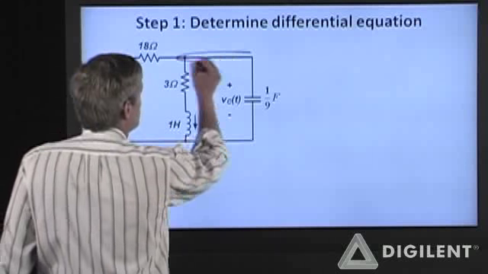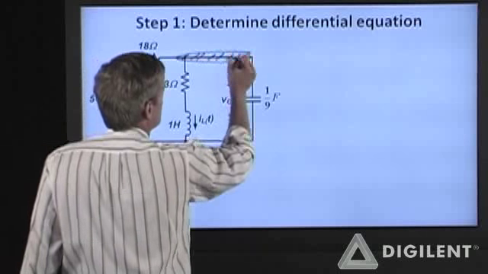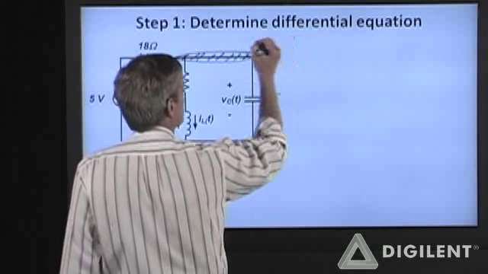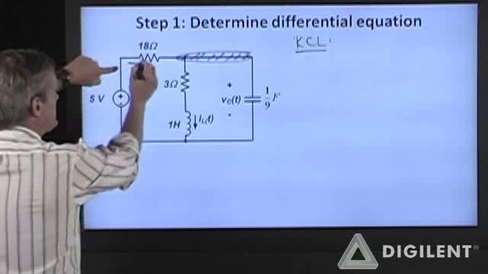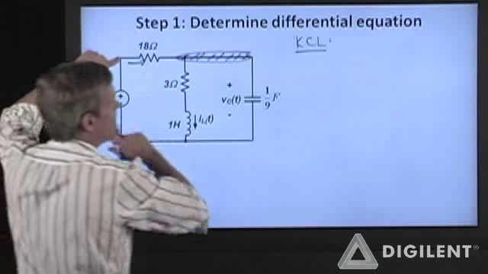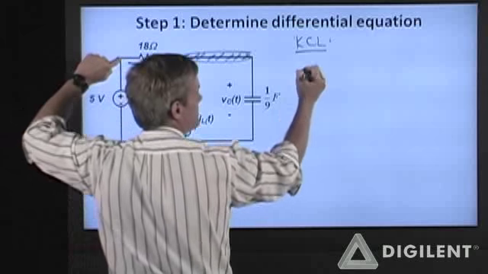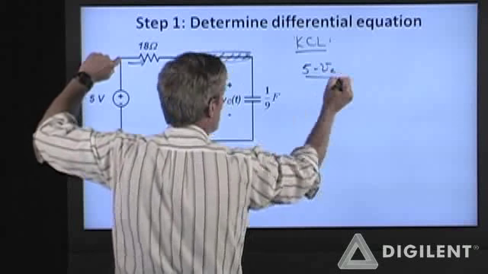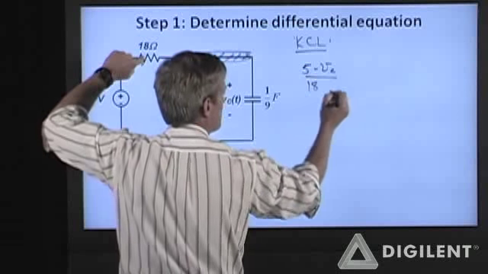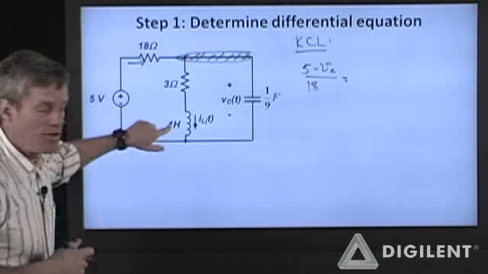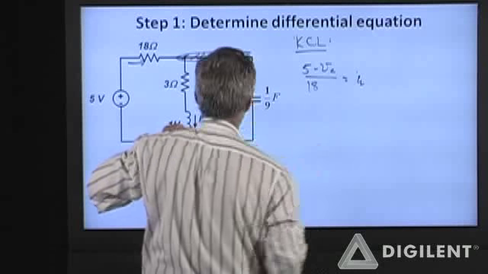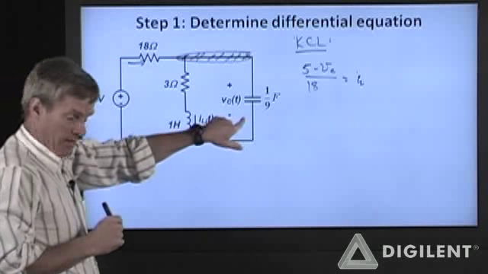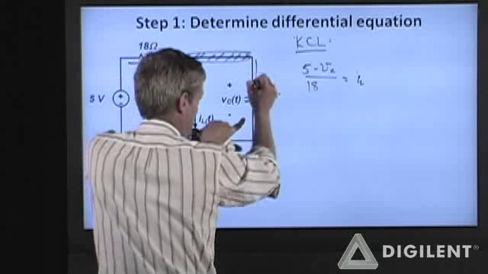So if I do KCL at this node, the current going into this node, which is 5 volts minus this voltage, which is V sub c, over this resistance, is equal to the current going out of this node, which is I sub L of t in this leg here, plus the current through the capacitor.